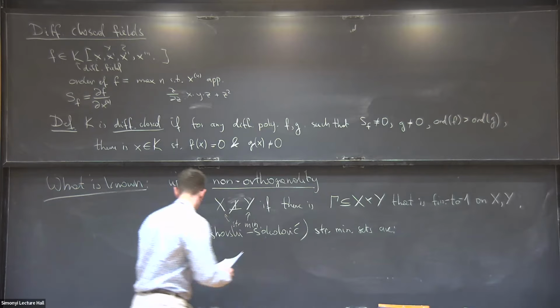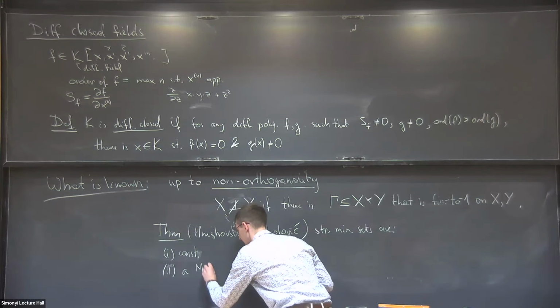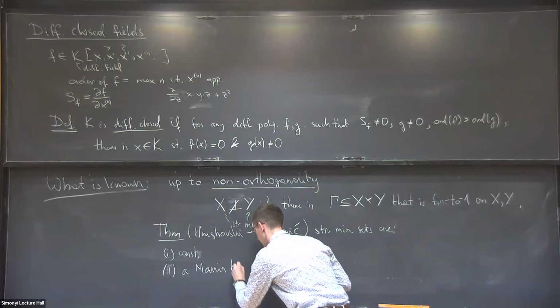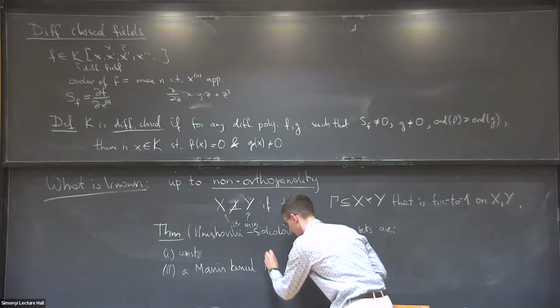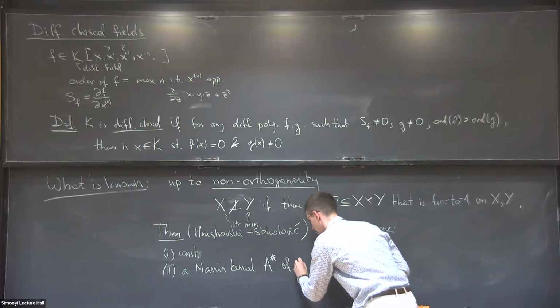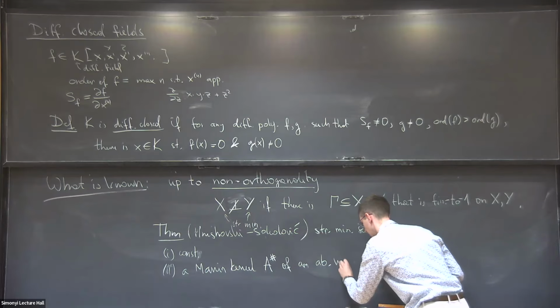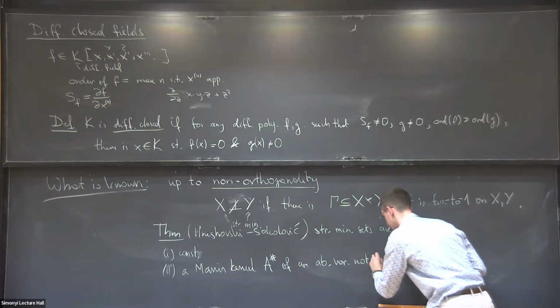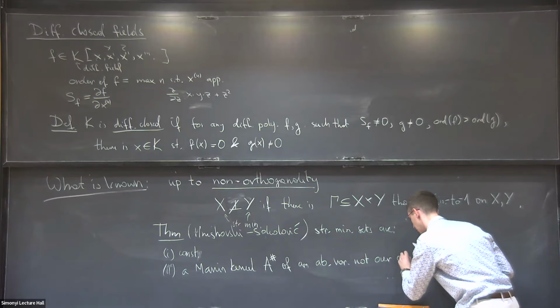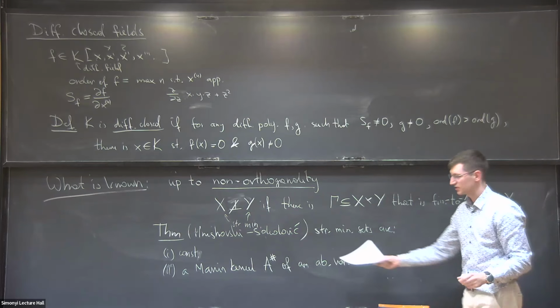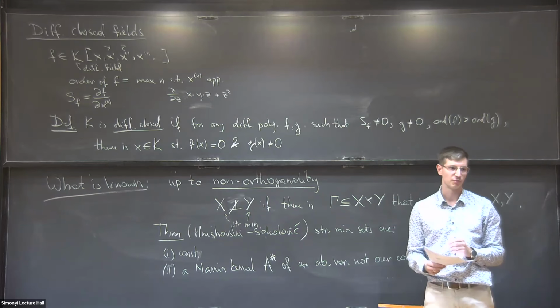Or we have a Manin kernel of an abelian variety not defined over constants, where this Manin kernel by definition is the Kolchin closure of torsion points.